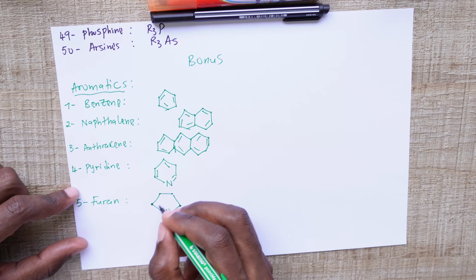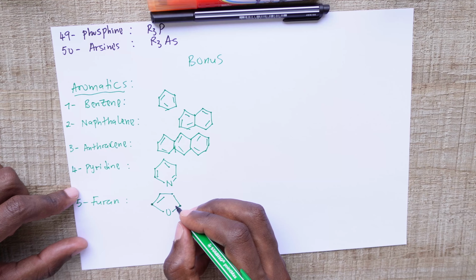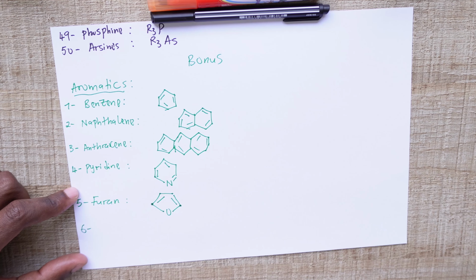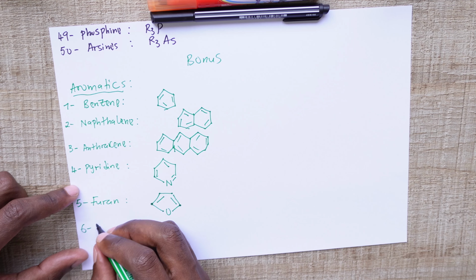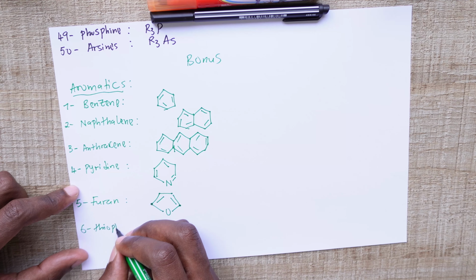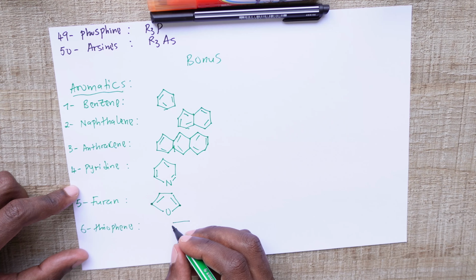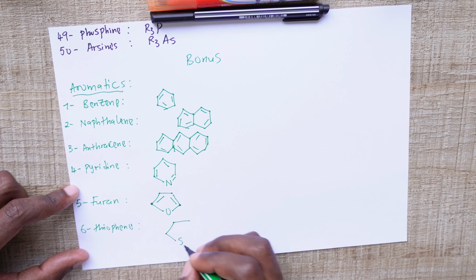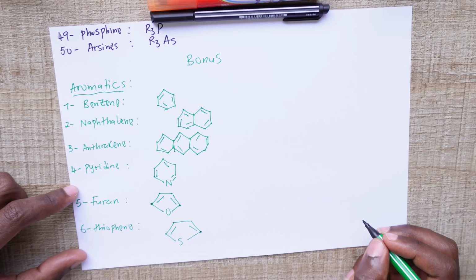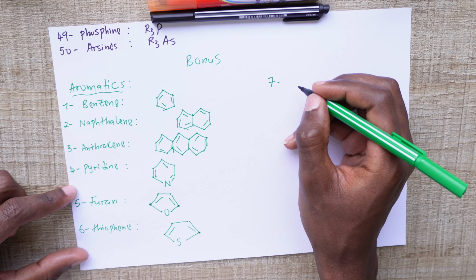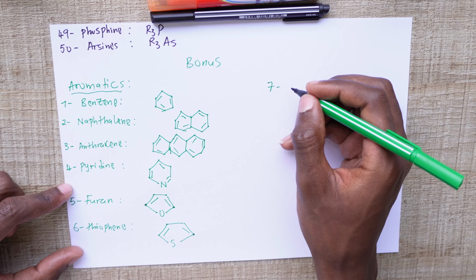Hope that's good. Then with a double bond here and one here. So that's furan. Okay. How many points? Then you have the thiophene, which has structure, it is sulfur. Alright, a few more? Yeah, I got you. Okay, a few more.